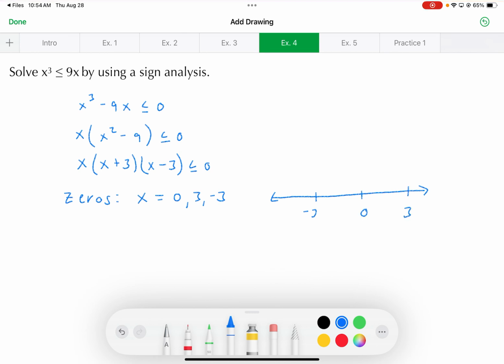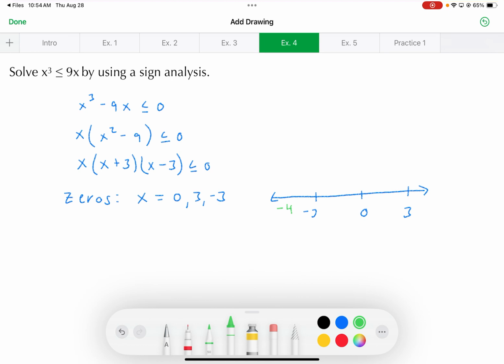When you make this sign analysis, you don't have to get super accurate with your labeling and everything. Just draw a number line, put the 3 values on there, and then pick some test values. So left interval, negative 4 will be my test value.